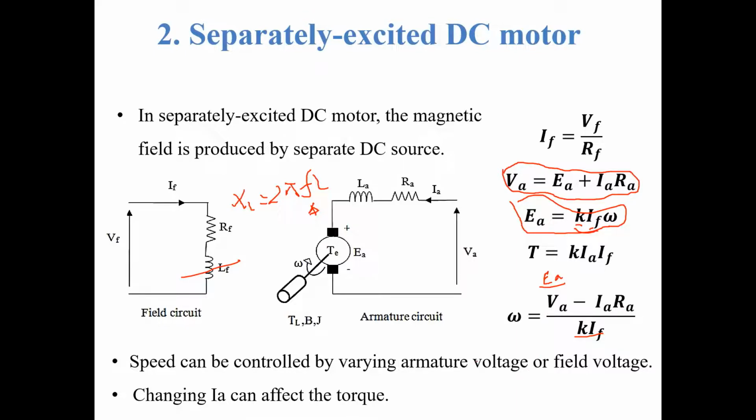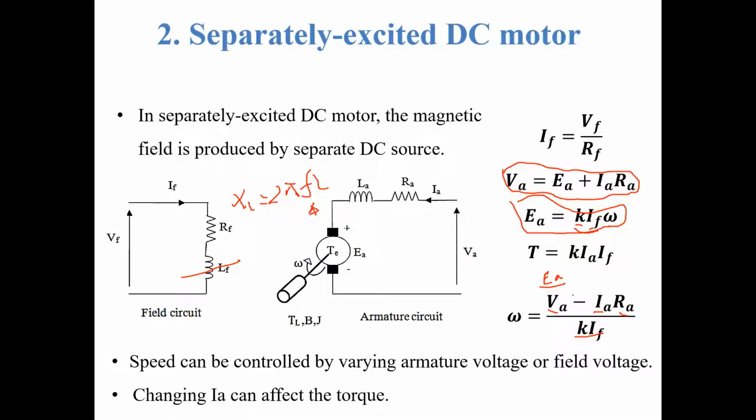So from this, we can observe that the speed of a separately excited DC motor depends on the armature voltage, the armature current, the armature winding resistance, the machine constant, and the field current.